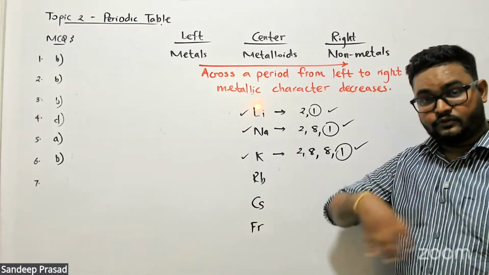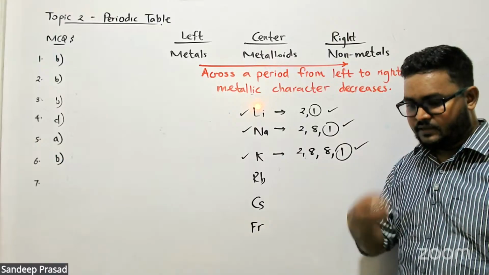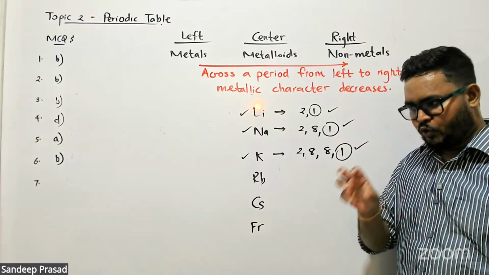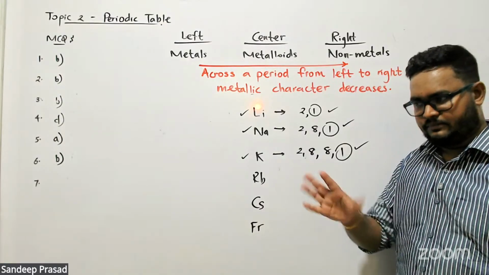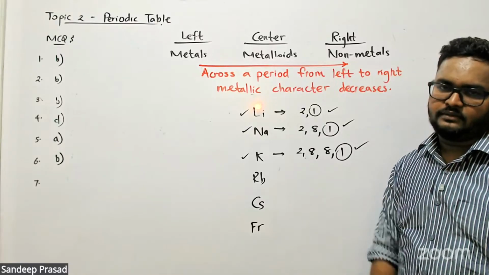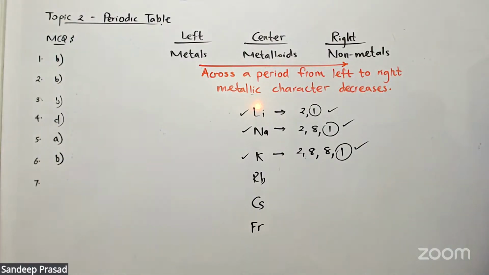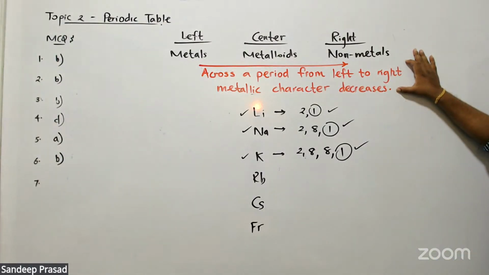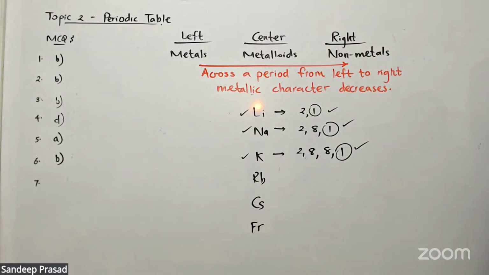Understood? They are also not falling into the metalloids. Metalloids mean both metallic and non-metallic properties. So noble gases stay here as neutral because we are not considering them, since they are not forming any chemical bonds. So by leaving that aside, when you consider other elements, the general behavior is that metallic character decreases.